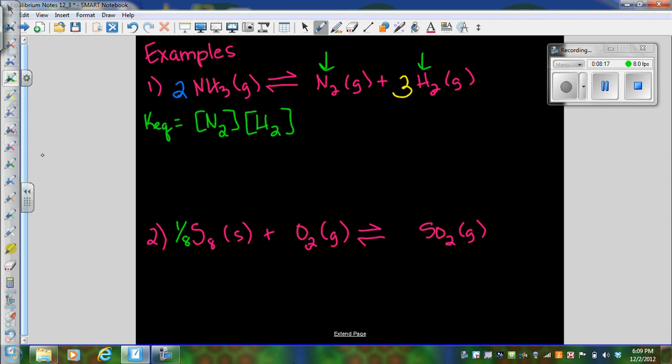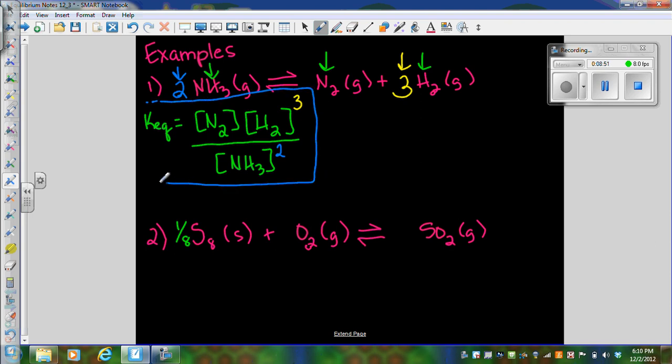But you notice that hydrogen has a coefficient of 3, so I want to be sure to include that coefficient of 3. And then that is going to be divided by the concentration of our reactant raised to its coefficient power. All of these are included because they're all gases. And then this is our equilibrium expression for the reaction given above. Now I want to do the same thing for pressures.